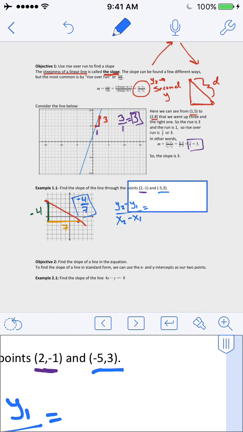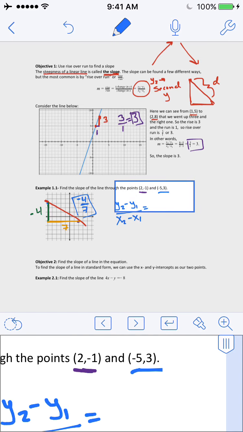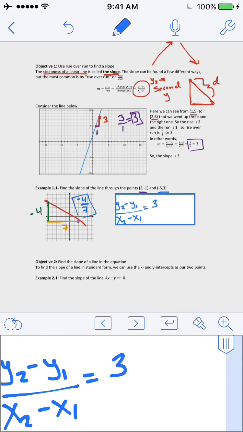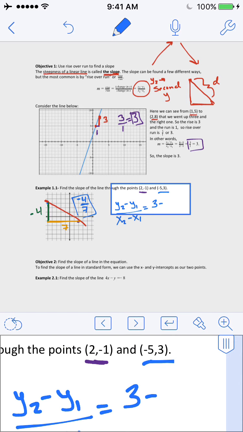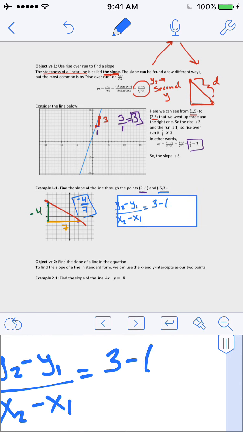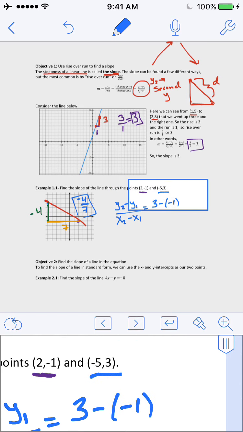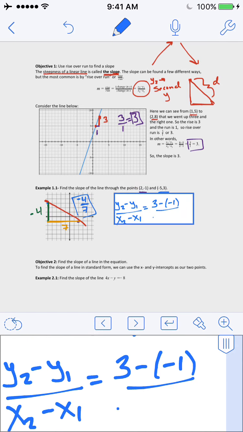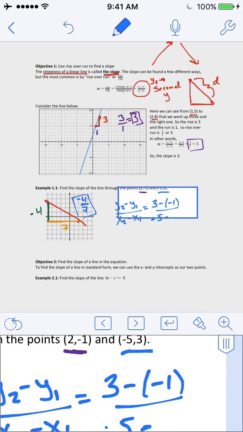Well, that means our second y, right? Our second y. So that would be 3 minus, what's our first y? -1 over our first x, or I'm sorry, our second x, -5, minus our first x, which is 2.